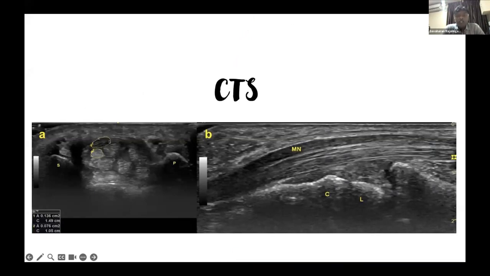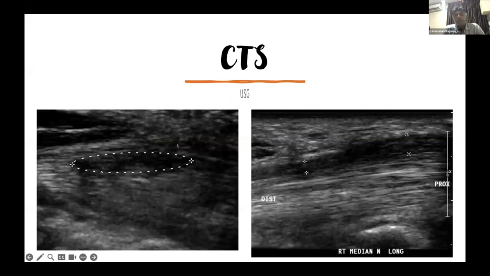This is how a short axis evaluation is done, the area, and this is how a median nerve looks in the long axis. We take a complete long axis. So we measure the long axis and the short axis, and we take the flattening ratio. This is a case of carpal tunnel syndrome where you could see that definitely the area is more, about 15 millimeters square, but distally the nerve is smaller compared to the proximal, which is larger.